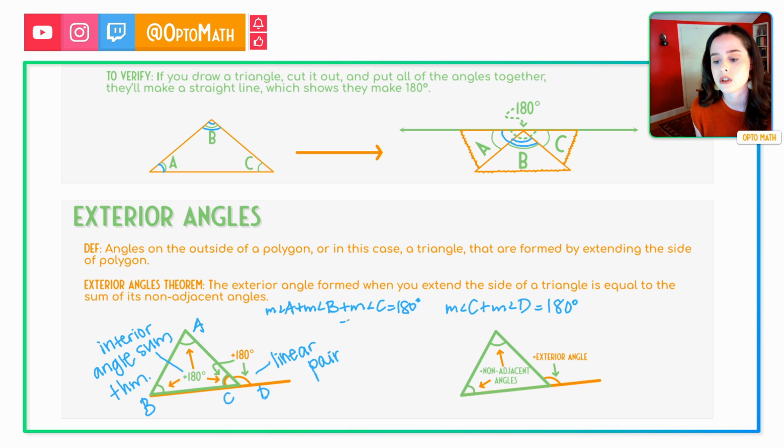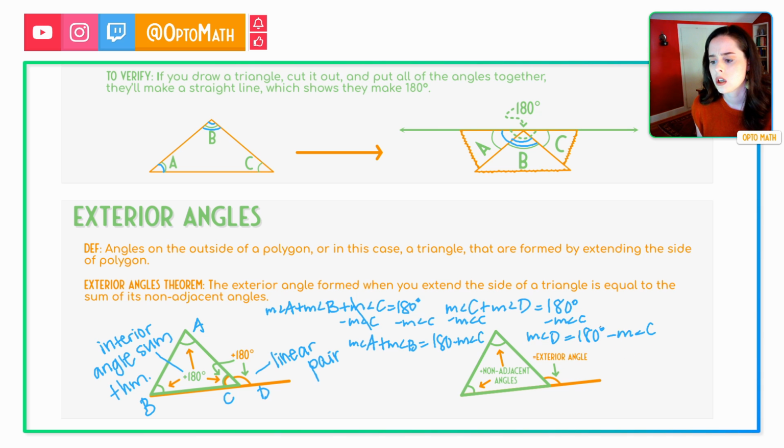So let's subtract it from both sides on both equations. So now that becomes a 0, and then we just have the measure of angle A plus the measure of angle B equals 180 minus the measure of angle C, okay? Now if we subtract the measure of angle C from both sides of this equation, then we have the measure of angle D is equal to 180 degrees minus the measure of angle C.